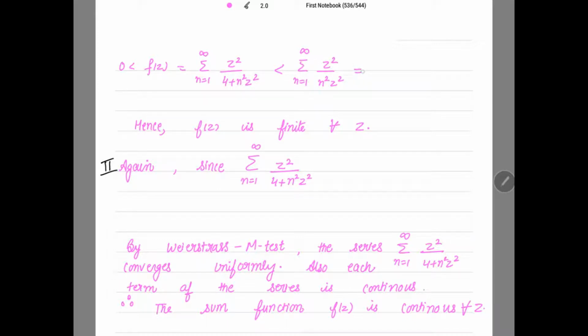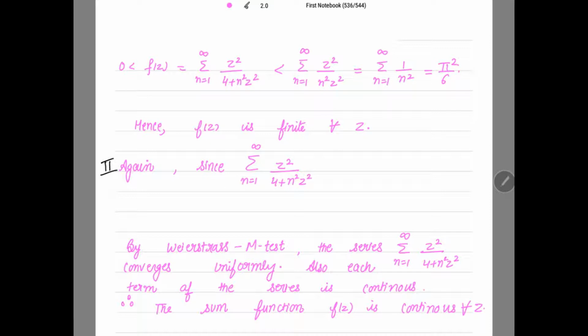You cancel z square and get summation n going from 1 to infinity of 1 over n square, and from the remark this is pi square by 6. So this function is lying between 0 and pi square by 6. So this is a finite function. Hence f(z) is finite for all z.